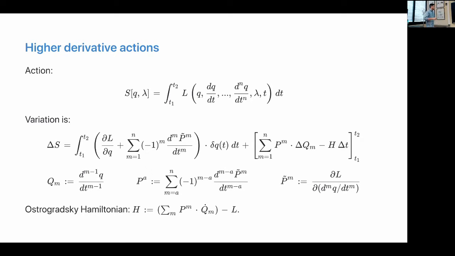So the end result is that when you collect all of your terms, you get the Ostrogradsky Hamiltonian, which has this form, but this Q dot you can rewrite in terms of the Q's with lower m, and so these are effectively your degrees of freedom.